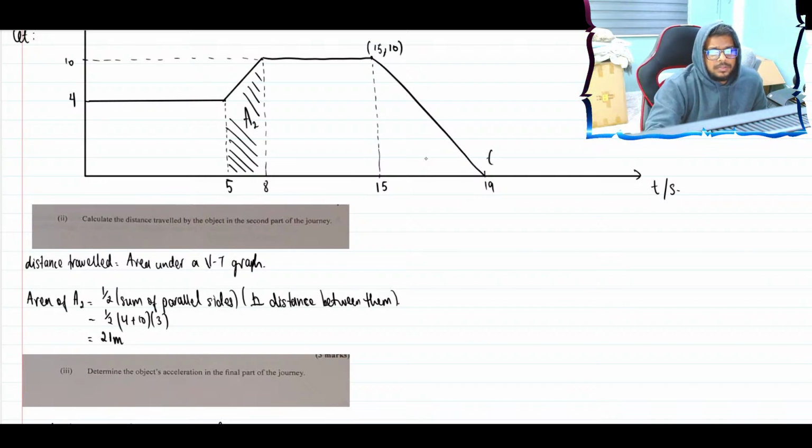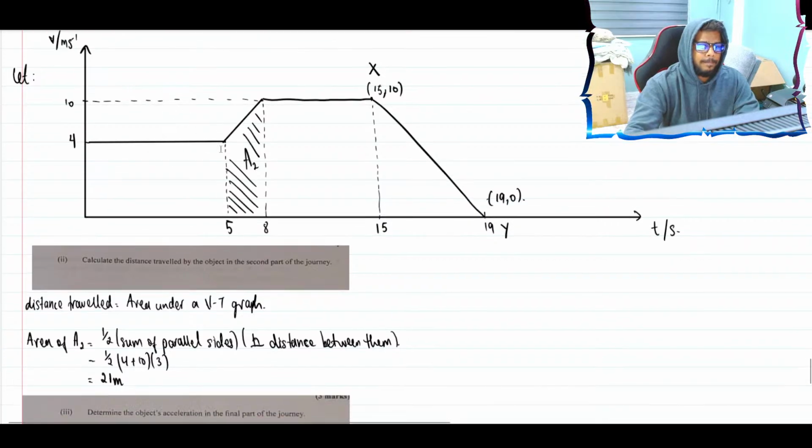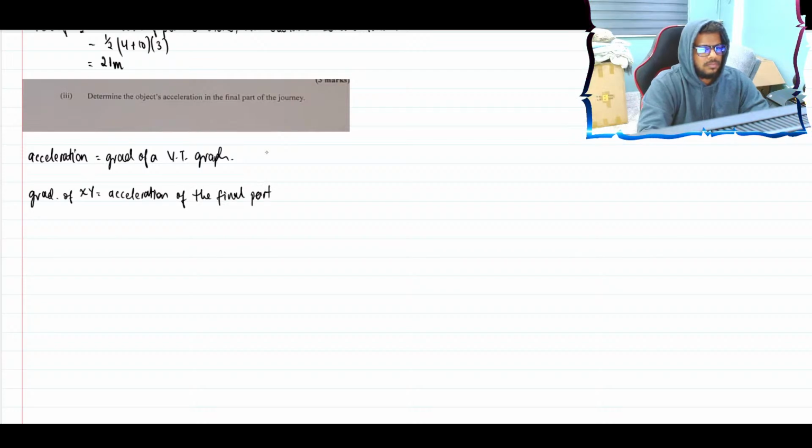This is the point (19, 0). Because I have the word let, I can let this be XY. So the gradient of XY is the acceleration of the final part of the journey.